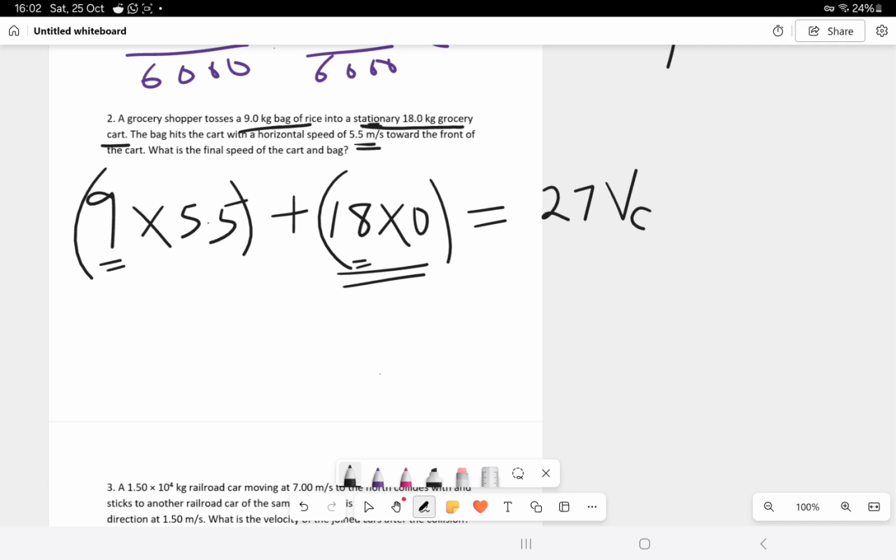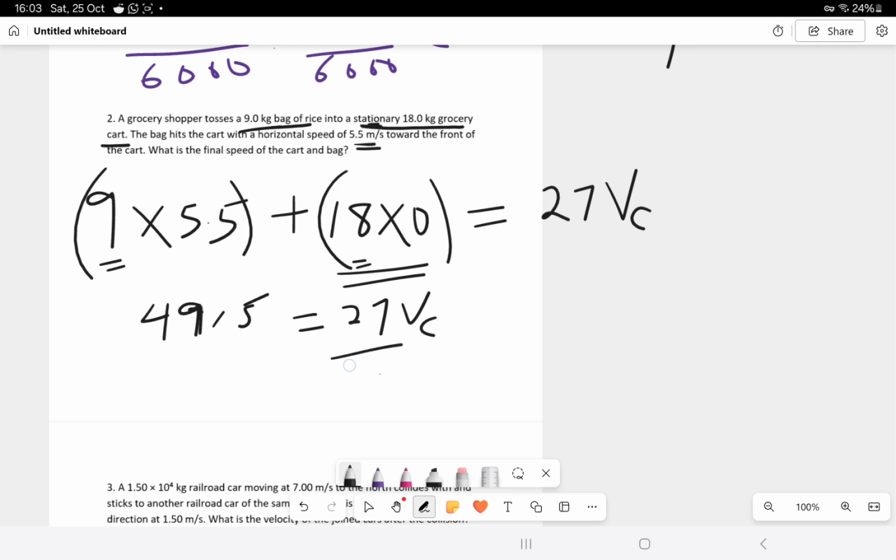Using my calculator, 9 times 5.5 gets 49.5, and this is equal to 27 VC.